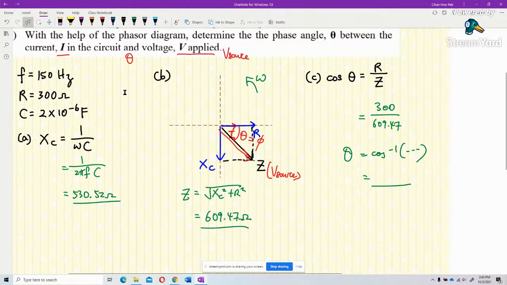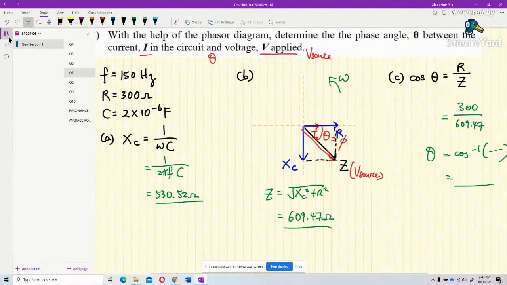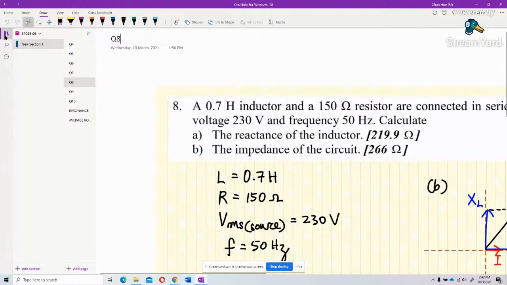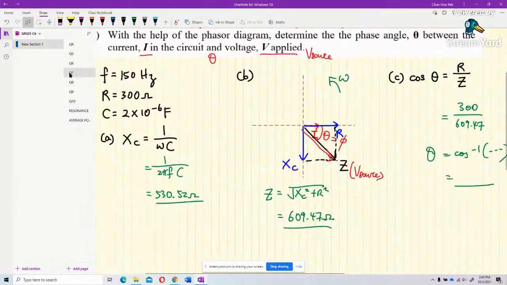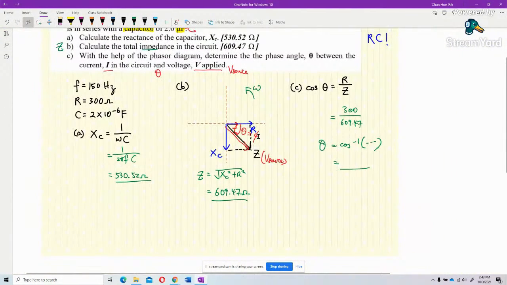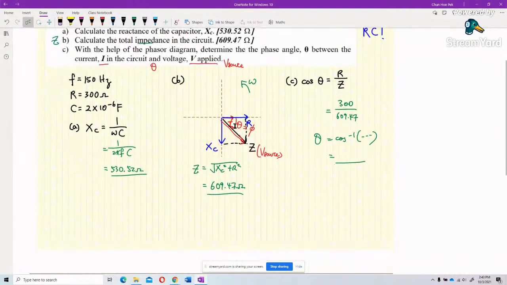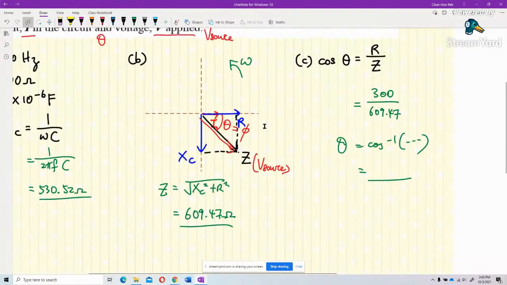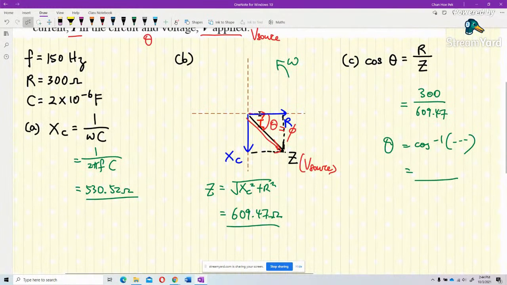I cannot calculate anymore. Okay, so number 8. Wait. One thing I want to tell you. Objective questions can be tricky. The current is not always at the x-axis. You understand?